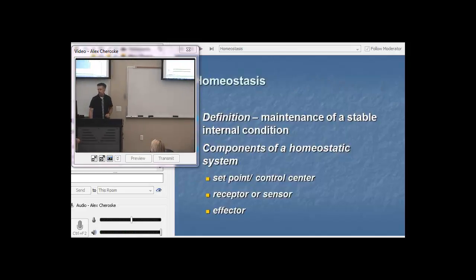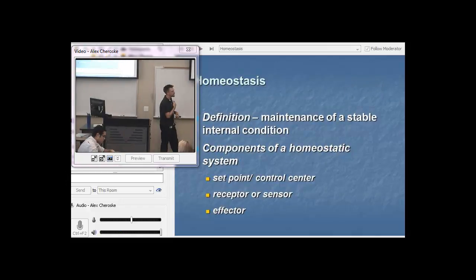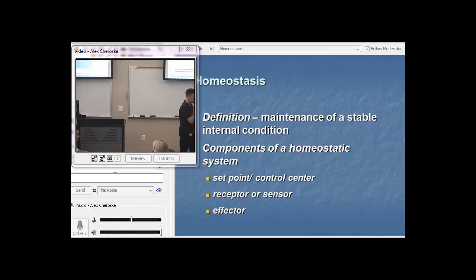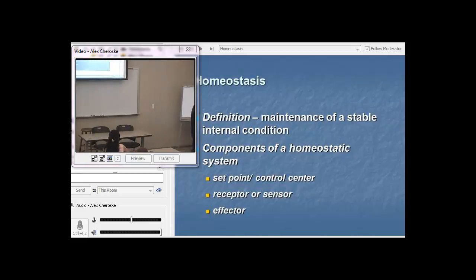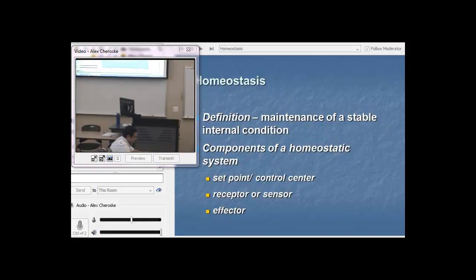All right, so one of the things we were mentioning when we were describing all these things that we need, and when we were talking about heat, is the fact that for many of these factors, we maintain a specific level in the body. For heat, we were saying 98.6 degrees is common, and we try to maintain that. So we have this term called homeostasis. Homeostasis is how our bodies maintain a stable internal condition.